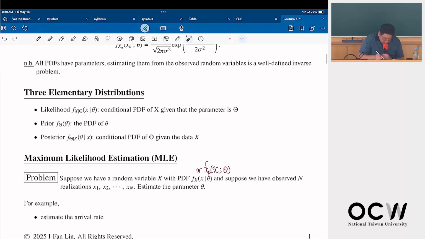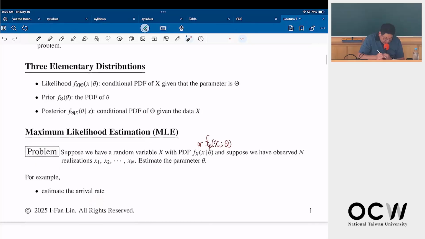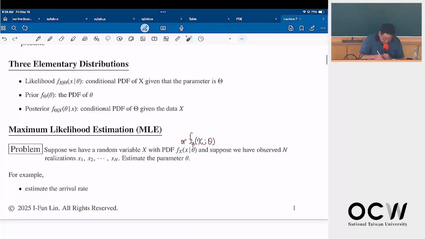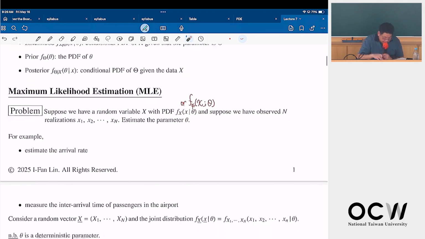For example, we may estimate the arrival rate or measure the inter-arrival time of passengers in the airport. And for those we may use maximum likelihood estimation. Let's see here. I consider a random vector x, so from x1 to xn, and then their joint distribution. So here is a joint distribution.